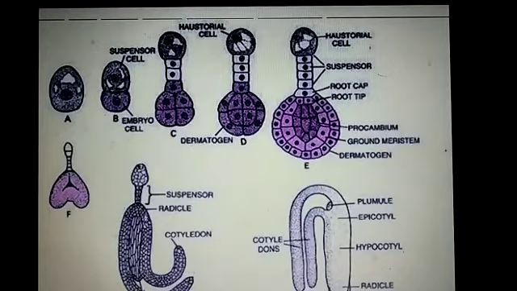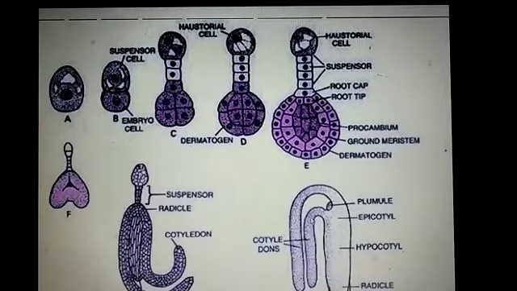Here this structure is called the horseshoe structure. It forms 2 cotyledons and 1 plumule, and this one is a suspensor, and this part is the radicle. After that it develops into a complete seed.